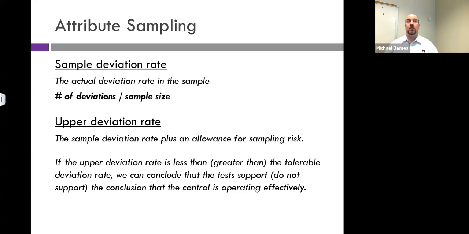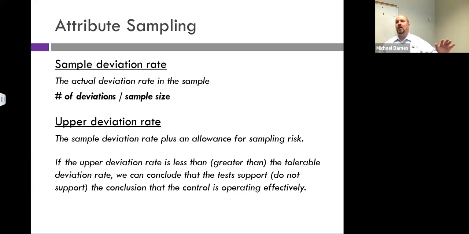So I'm going to set my upper deviation rate at 5%, which is my sample deviation rate plus some sort of allowance, which we call the allowance for sampling risk, added to that. So 3% plus 2% equals 5%. Now that 2%, by the way, I just made up. That's not an actual number. We will be giving you the actual number in problems if you have questions like that, like a homework problem. So that's how you determine what the upper deviation rate is.